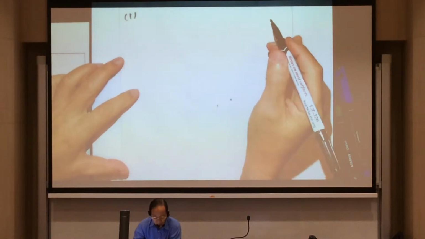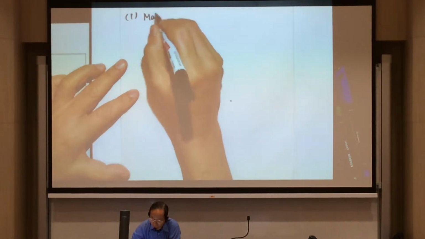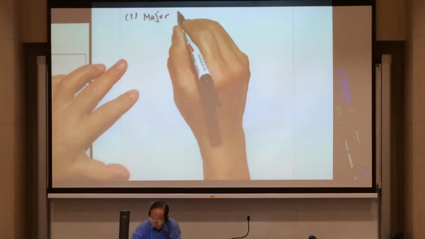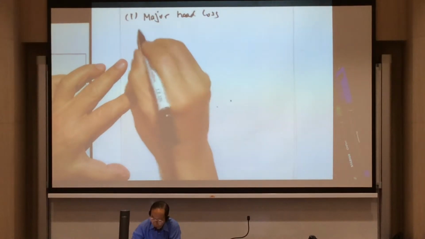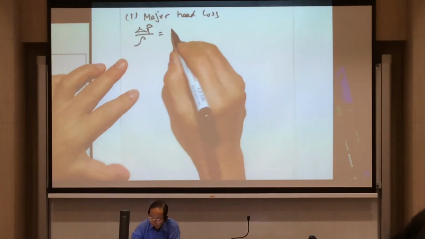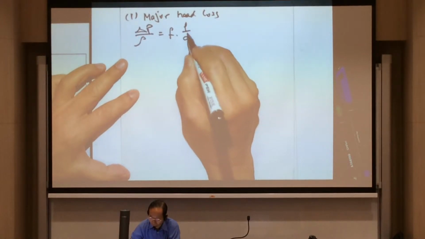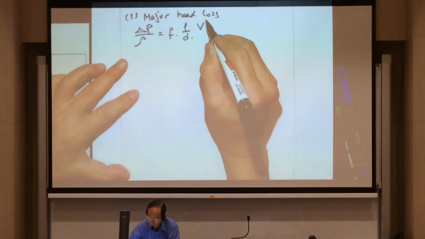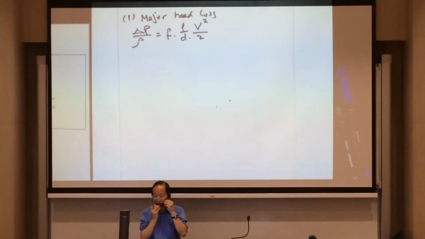That is for the major loss, for major head loss. We have delta P over rho is friction factor times the pipe length over pipe diameter times the mean velocity squared over 2. Okay, remember this formula?